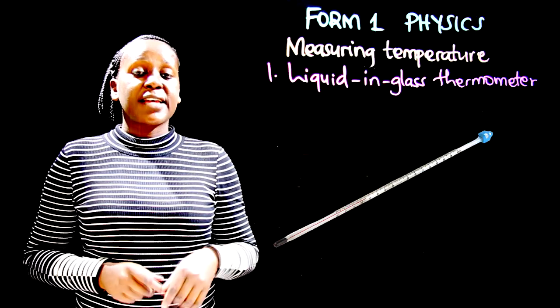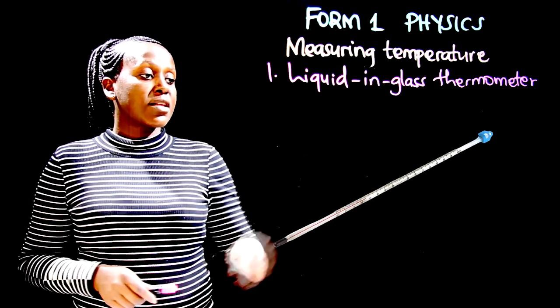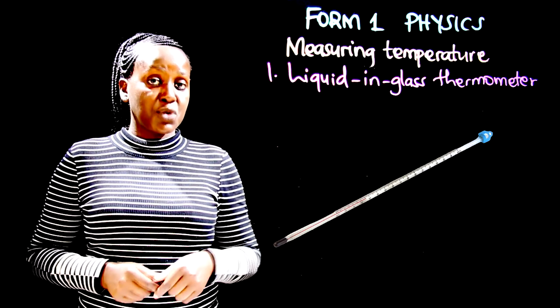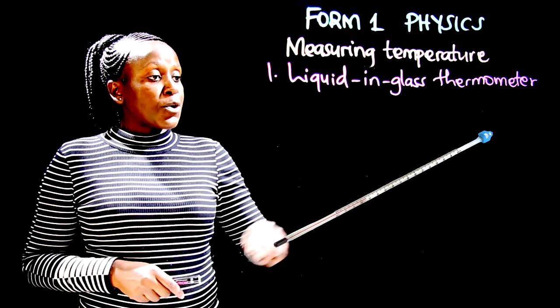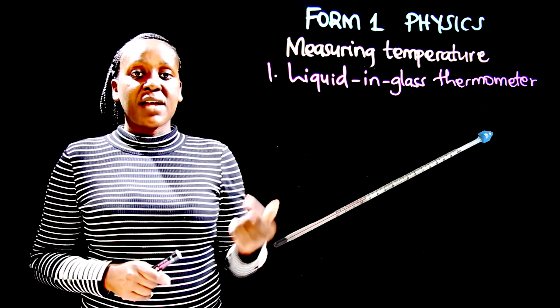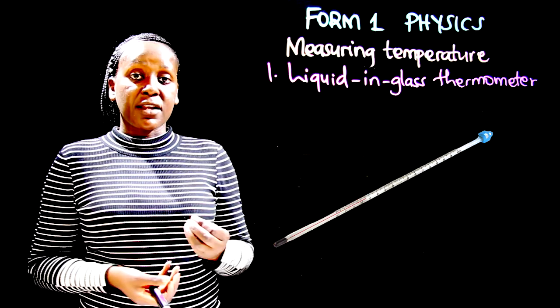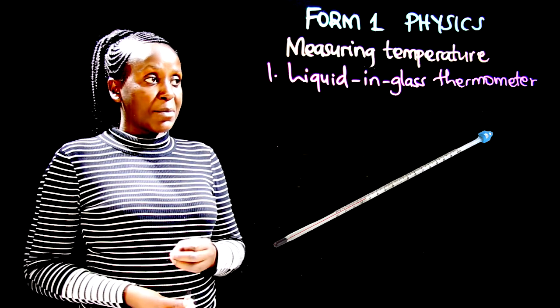Now this is a liquid in glass thermometer. This is a common thermometer that we use in our laboratories. Like the name suggests, it has a liquid inside the thermometer.